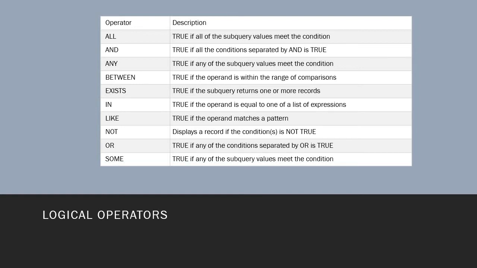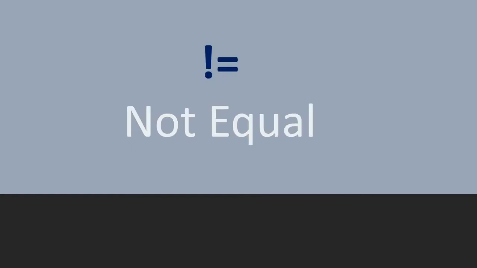First let me look into not equal. In this section we are focusing on logical operators, and in general most of the ones we are going to work with are logical operators, though that distinction doesn't really matter.